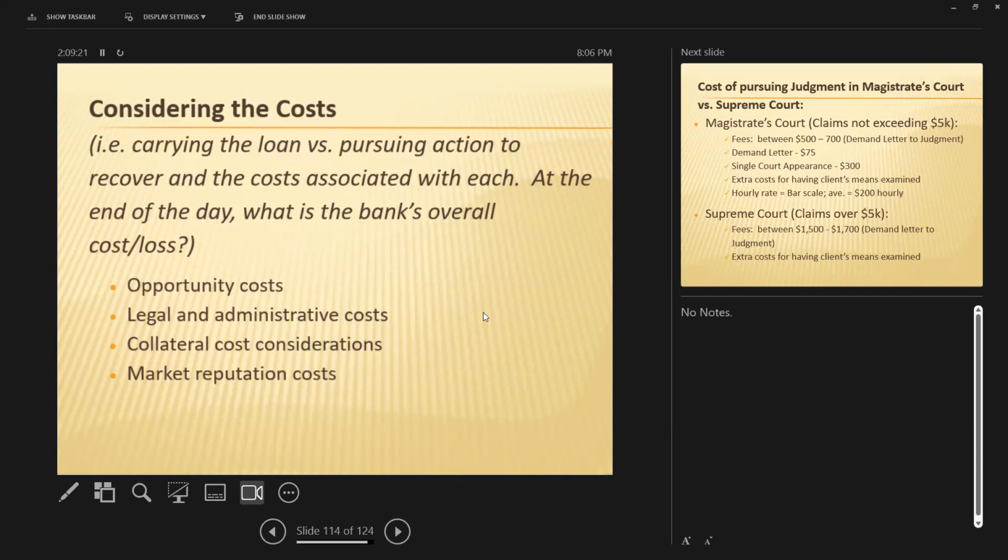Then, of course, there's your collateral cost considerations. That is, is the collateral worth pursuing? Is it worth us spending money legally or otherwise to go after this collateral?